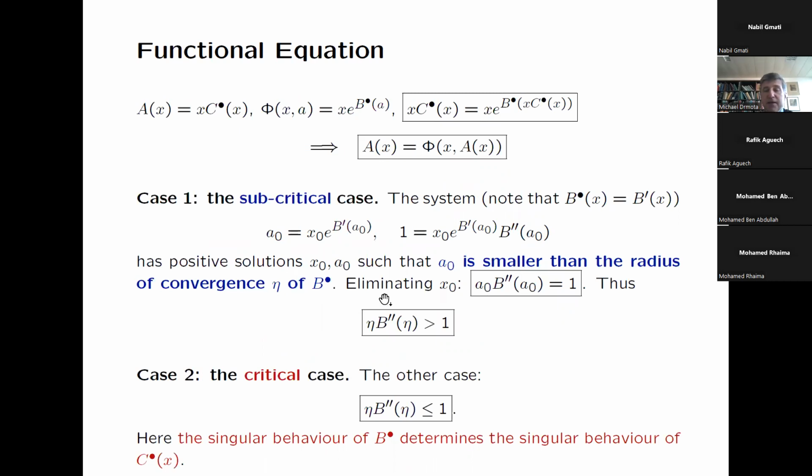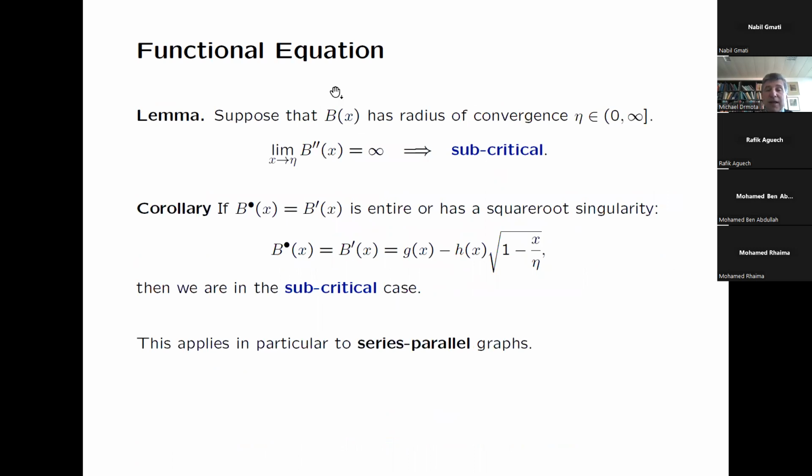And in particular, if this condition is satisfied, this follows from the calculations that the second derivative of the radius of convergence of the two connected generating function times eta is bigger than 1, then we are in the subcritical case. And this is in particular the case when the second derivative goes to infinity.